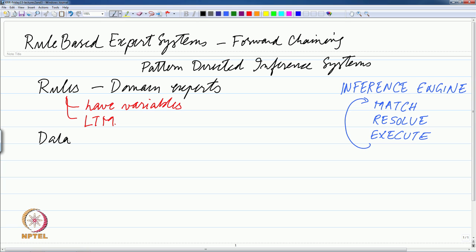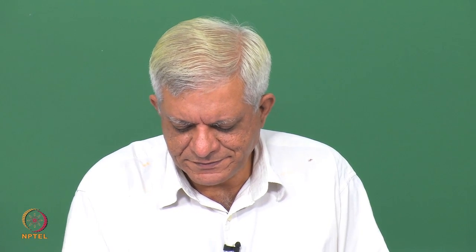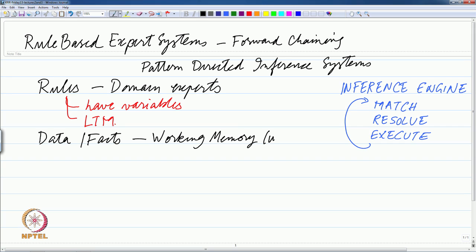As opposed to that, there is data or facts, and they go into working memory. All this terminology was devised by Simon and Newell, who were among the first people who worked in this area. Working memory is like a short term memory, in the sense that it stores only that information which pertains to the current problem that you are trying to solve essentially.